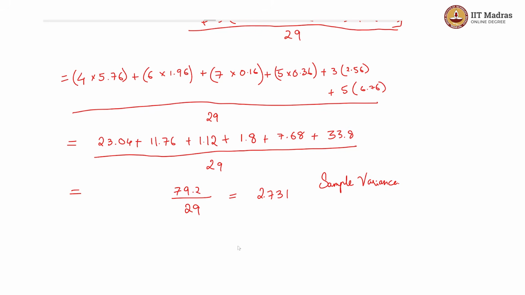And standard deviation is merely the square root of this. So standard deviation is root of 2.731, which is roughly, I only approximated to 3 decimals, anyway, this is roughly 1.6525.